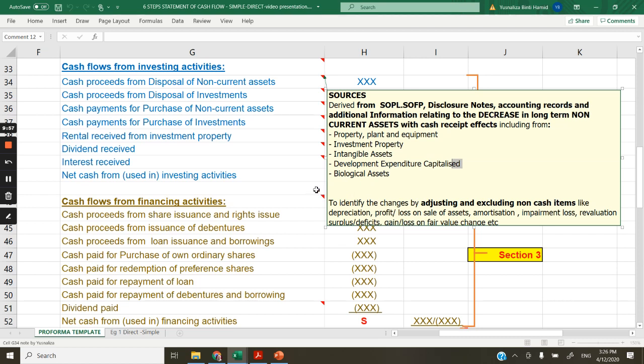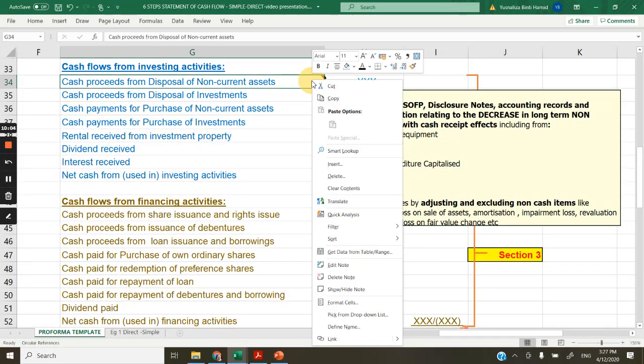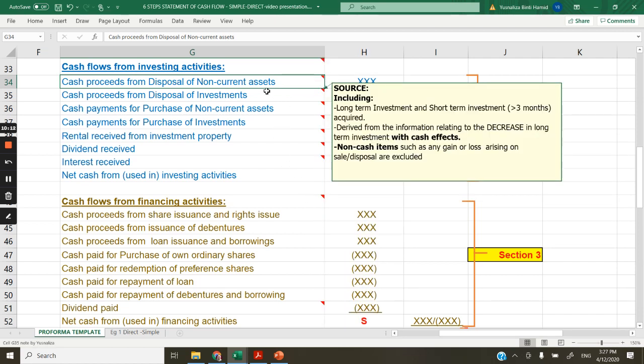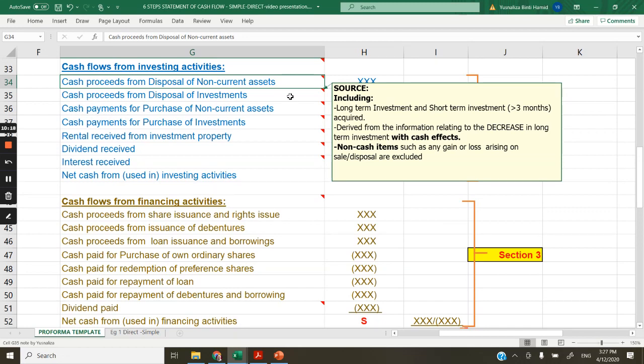Biological assets that you will dispose, and you need to do that by adjusting and excluding the non-cash item. Okay, non-cash item, as you know, non-cash item are those items that does not affect cash flow.